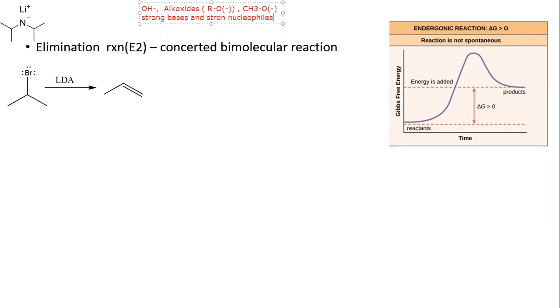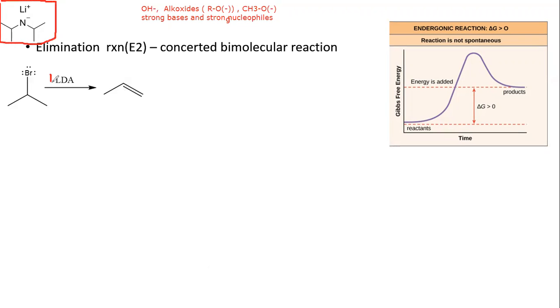nucleophiles. The reason I want to mention this is because we can have some bases that are just strong bases but poor nucleophiles. And the most common example of a reactant that is a strong base and a poor nucleophile is lithium diisopropylamide, which is shown here.